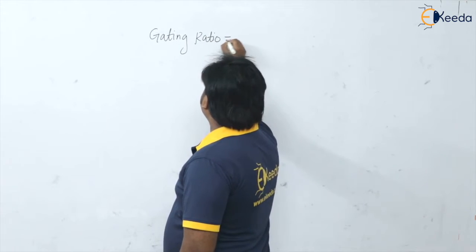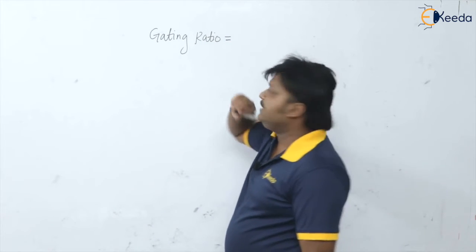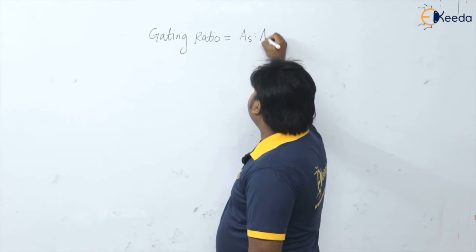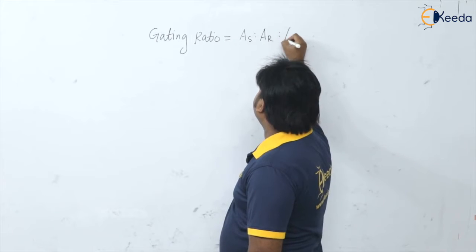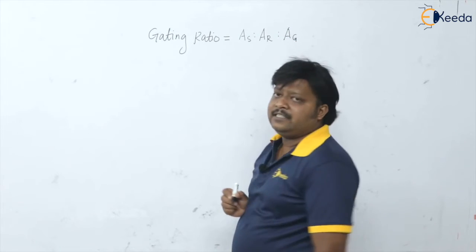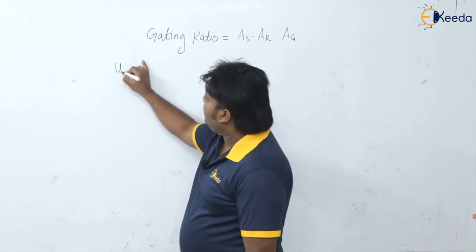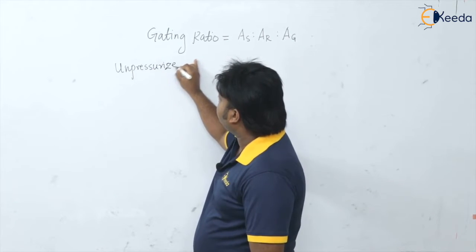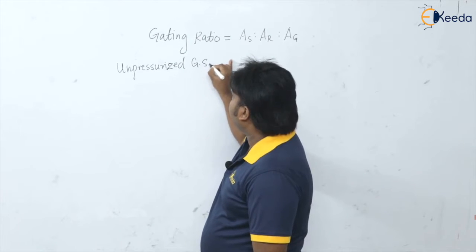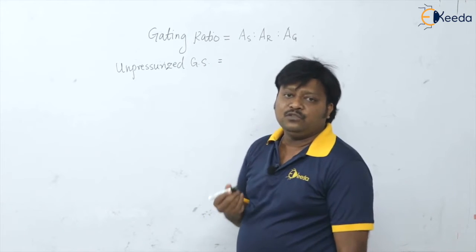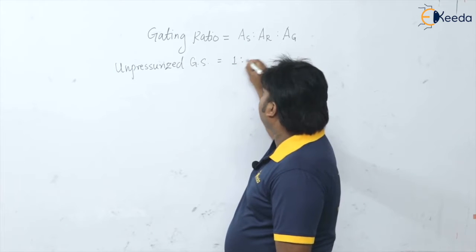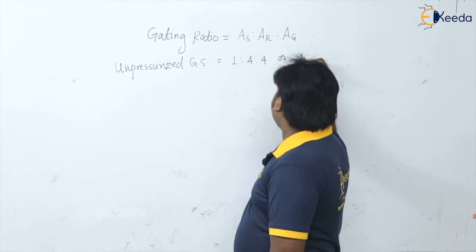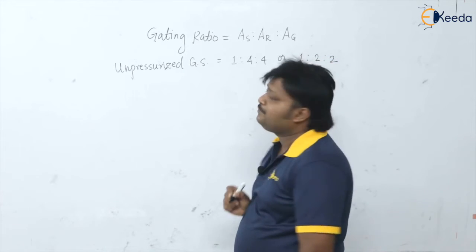Gating ratio is the proportions between the cross-sectional areas of the sprue, then runner and ingate. For an unpressurized or non-pressurized gating system, this gating ratio is typically 1:4:4, or we can use 1:2:2.